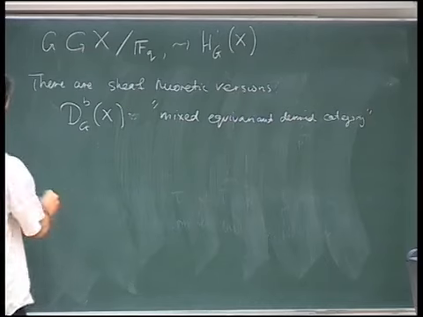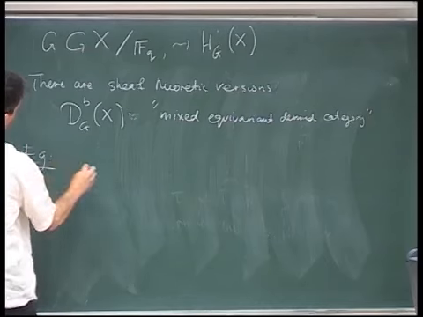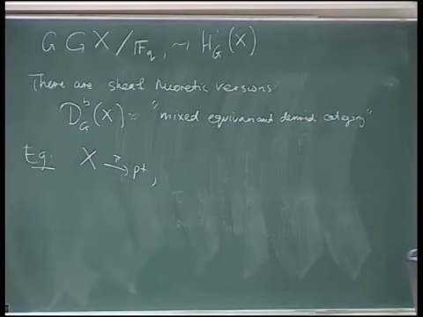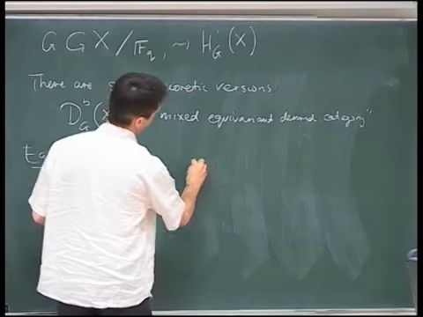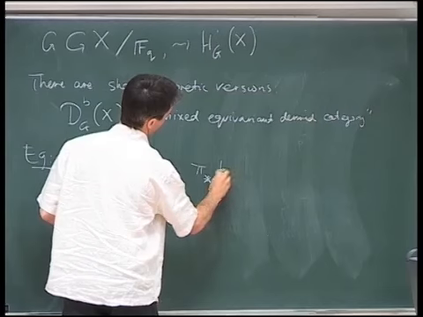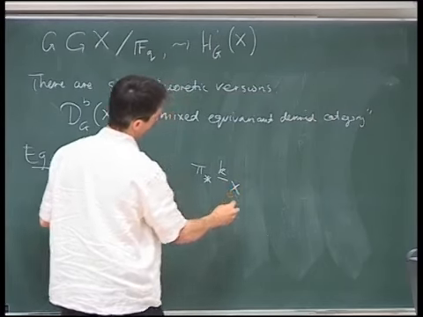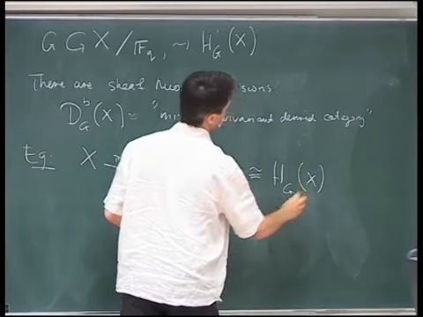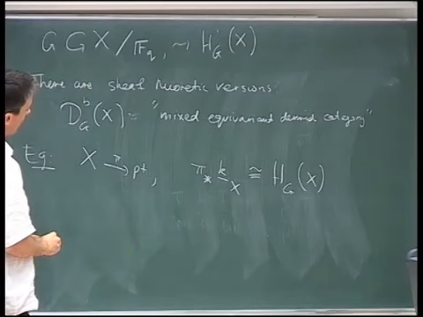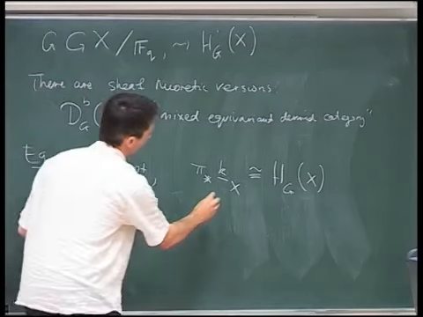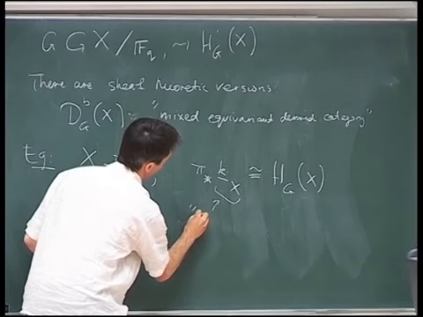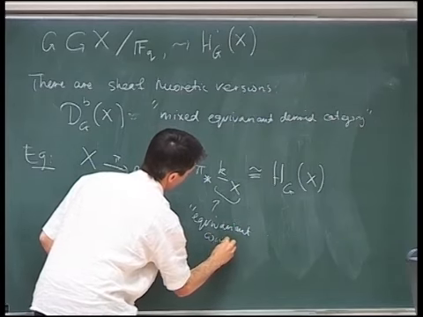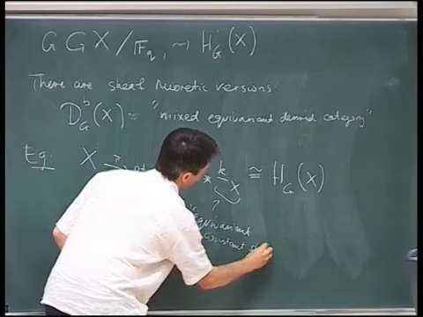And an example is that if we take the map to a point, then p lower star of K of X is the G-equivariant cohomology of X. So K of X, this guy is the equivariant constant sheaf.